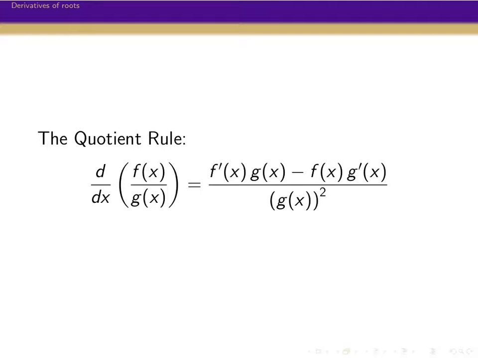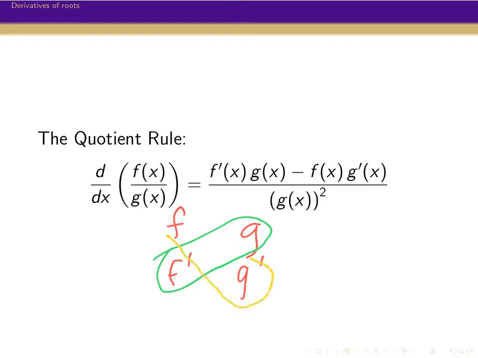Right? And so if you notice, we've been thinking a lot about product rule in terms of you've got your f, your g, your f prime, and your g prime, and then the terms kind of come from the diagonals. And we still have the same sort of thing going on here.